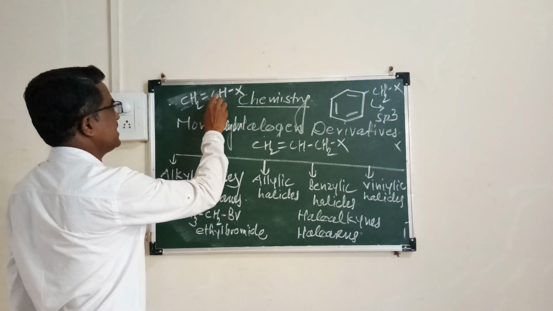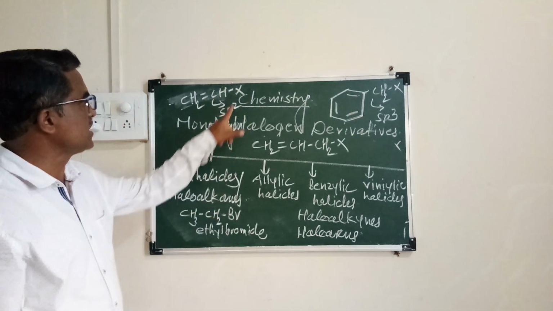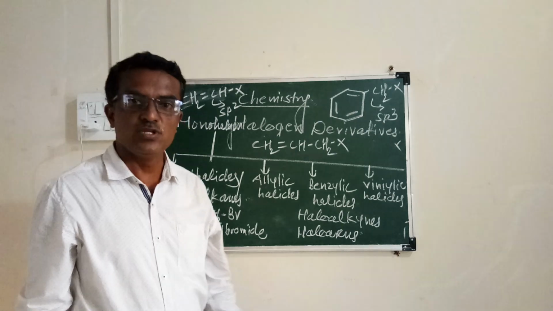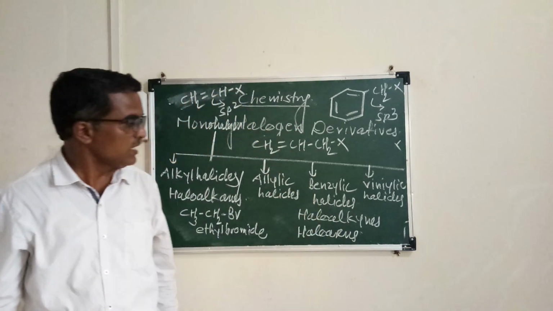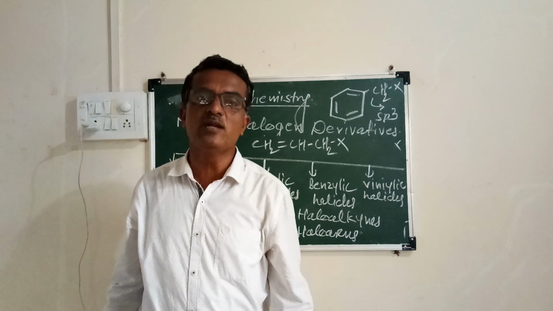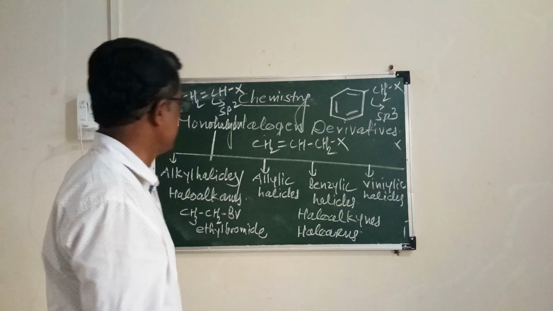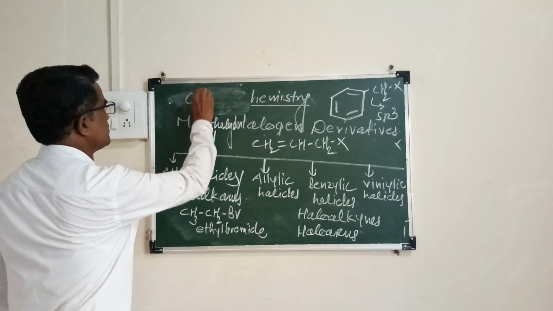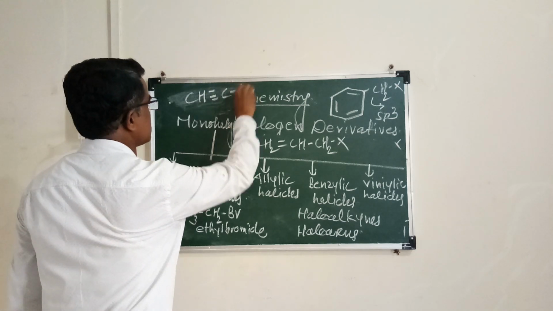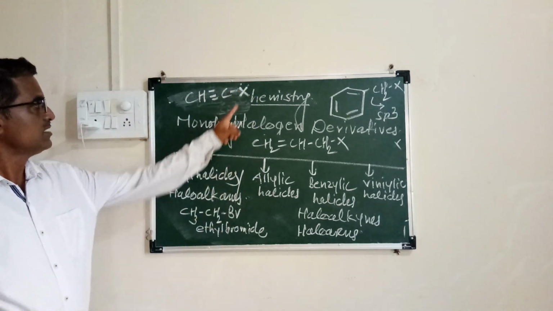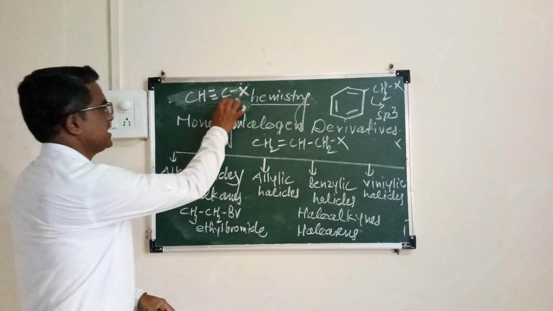This halogen atom is attached to this carbon which is in sp2 hybrid state. Then haloalkynes. In haloalkynes, the halogen atom is attached to that carbon atom which is in sp hybrid state. The example is CH≡CX. In this haloalkyne, the halogen atom is attached to the carbon atom which is in sp hybrid state.